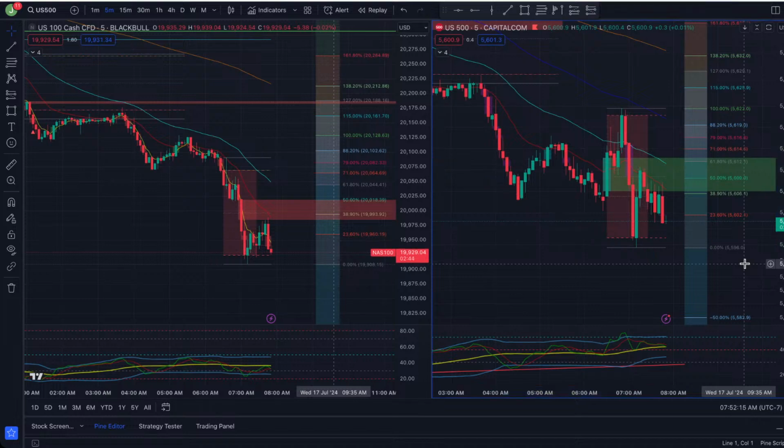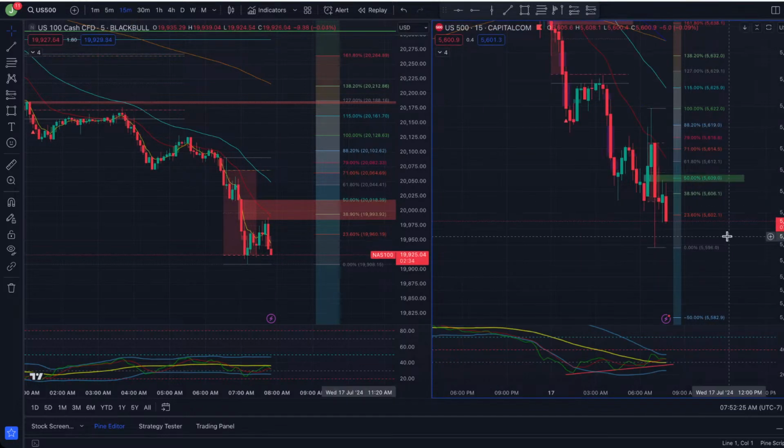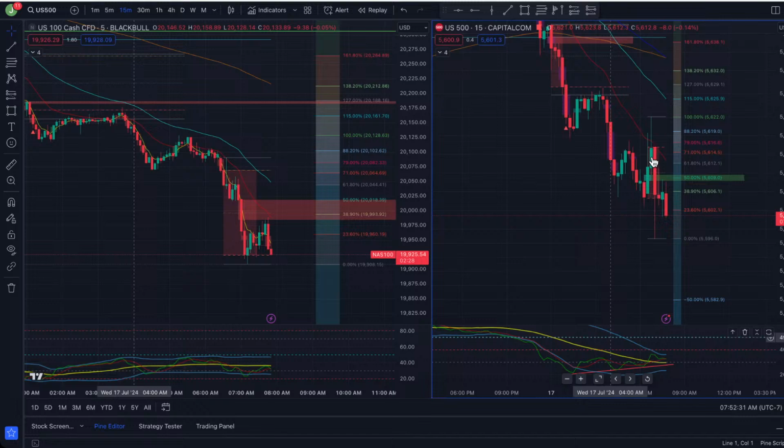Again, it's just about staying patient, waiting to see the setups. And remember, it's about matching up all points of confluence, even though we're seeing a divergence happening here on US 500 on the TDI.